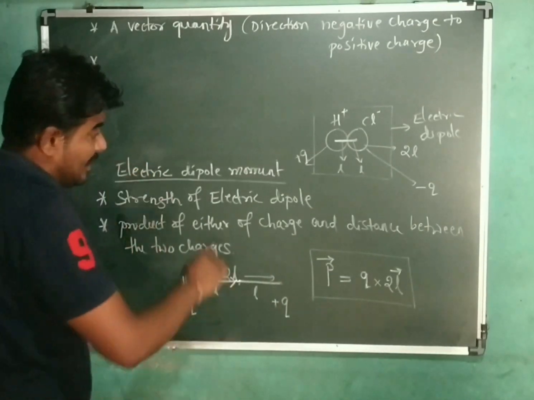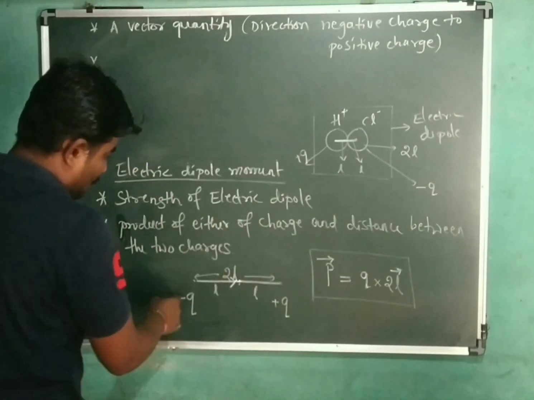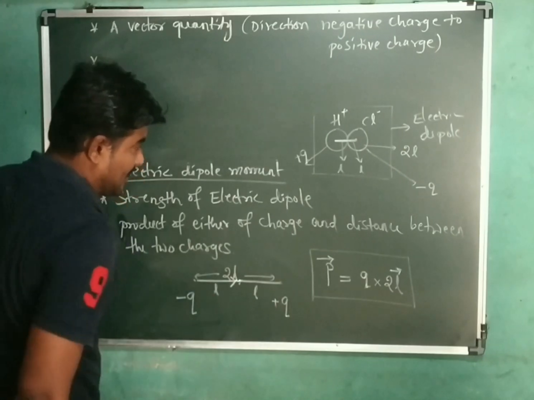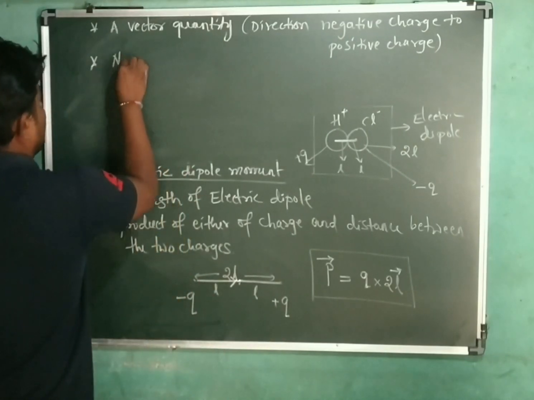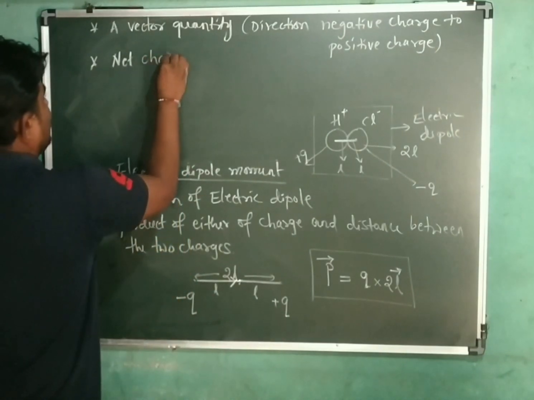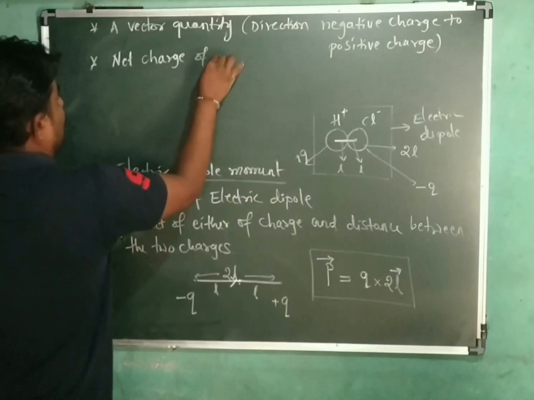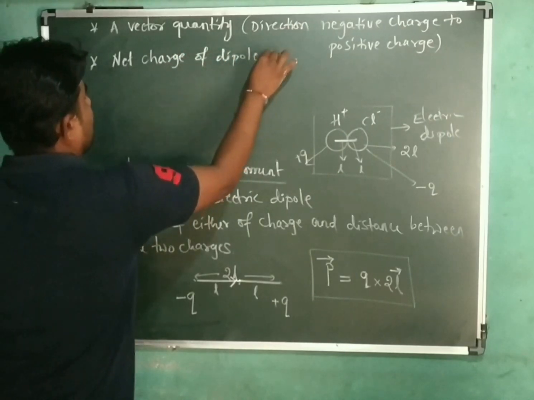And the net charge of the dipole is 0 because the magnitude has to be the same. Therefore, the net charge of a dipole is always 0.